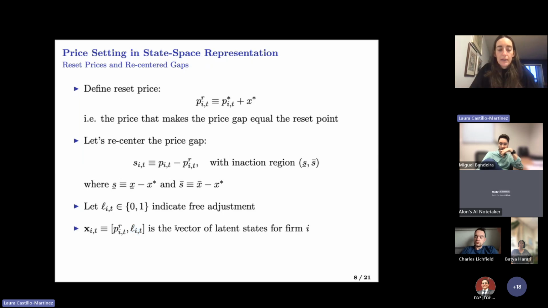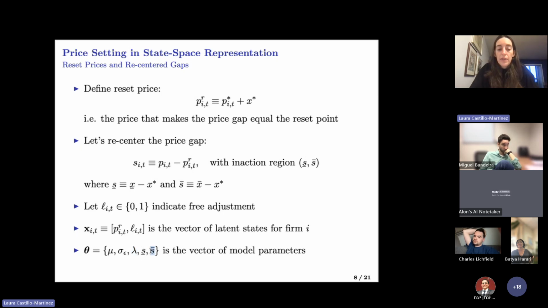So I'm going to collect them and call XIT the vector of latent states. The other thing I'm interested in estimating is the model parameters. I'm going to collect them under the vector theta. What are the model parameters here? It's going to be two parameters that govern the evolution of the frictionless price, so the trend inflation statistic, and also the volatility of the idiosyncratic shocks to frictionless prices. Then we're going to have the evolution of the free adjustment opportunity. Remember, lambda is the probability that you obtain a free adjustment opportunity.